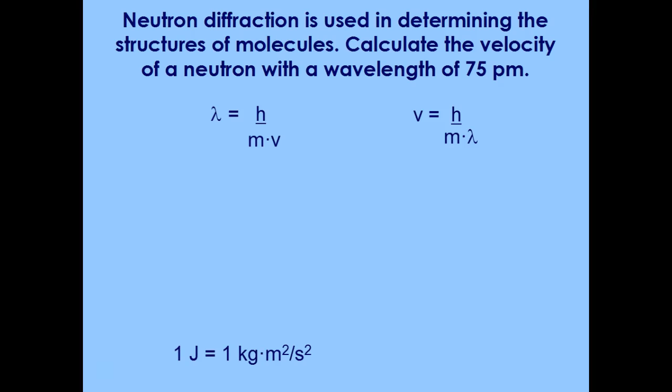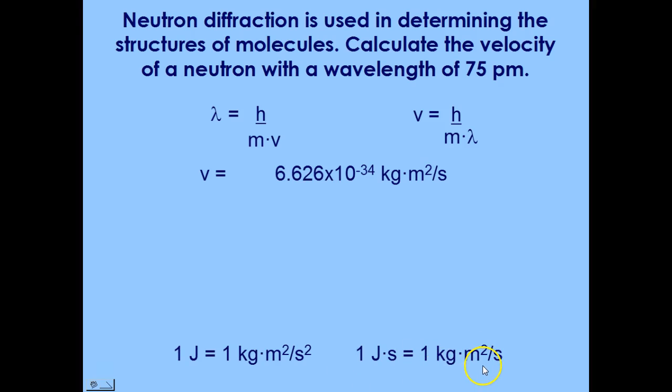Because Planck's constant is joules times seconds, when I multiply both parts of that equation by seconds, I cancel out one of the two. So velocity for this particular neutron would be equal to 6.626 times 10 to the negative 34th, and then the units that were remaining, kilograms times meters squared per second.